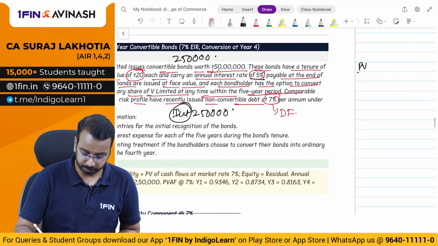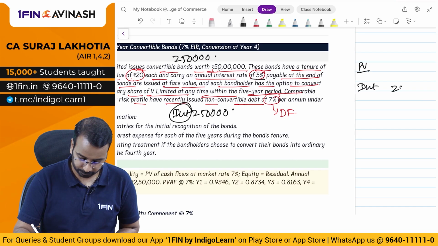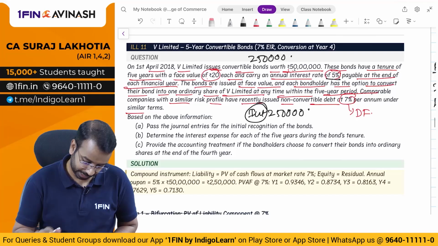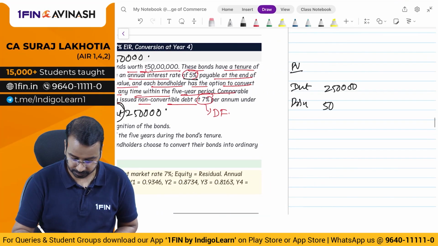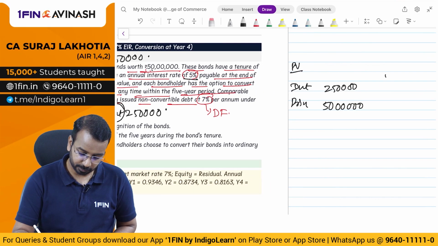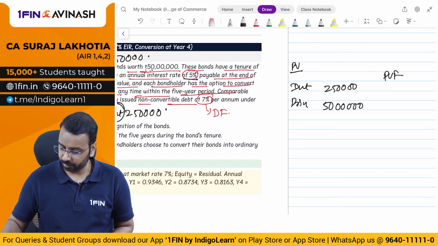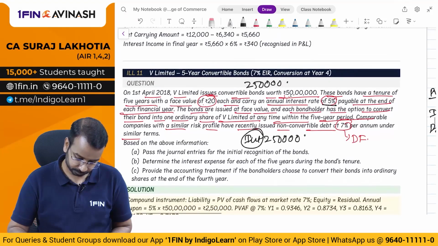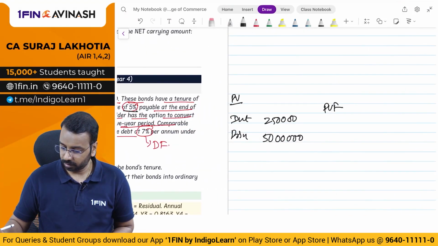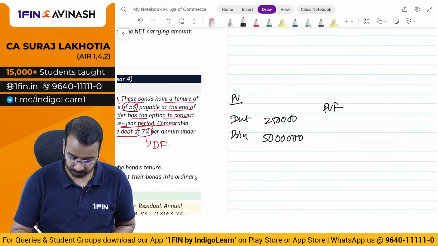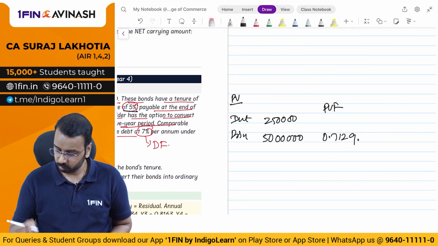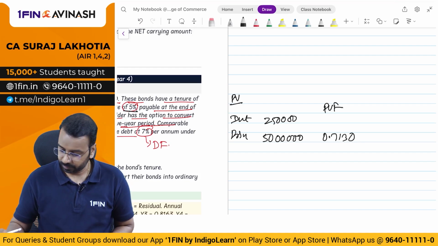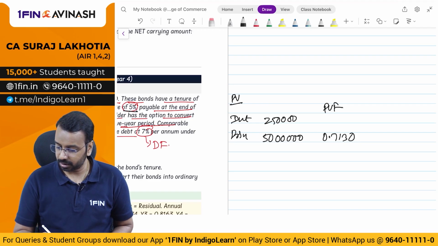We will calculate present value of interest. How much? 2,50,000. Principal has the option to convert. So if they don't convert, we have to pay them 50 lakhs. Okay. Present value factors, 1 divided by 1.07 is equal to... 1, 2, 3, 4, 5, 0.7130, okay, and grand total 4.100.